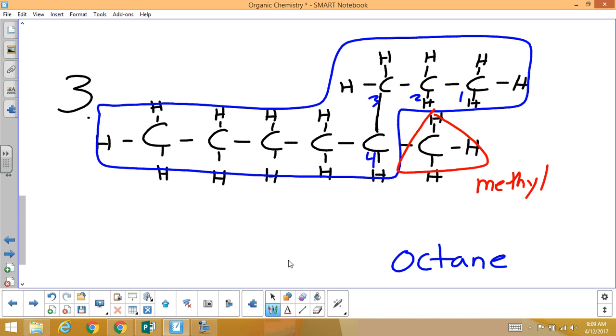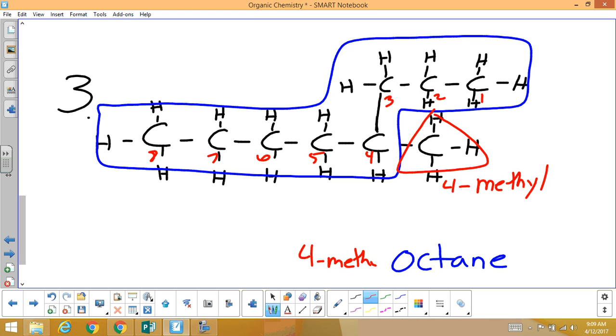So this actually is the better route because we get to the methyl group faster. So we're going to be putting this in permanent. So this is going to be 1, 2, 3, 4, 5, 6, 7, 8. So we designate this now for methyl, and we put everything together in alphabetical order. Now, since there's only one group, it's pretty easy. It's just going to be 4-methyl octane.